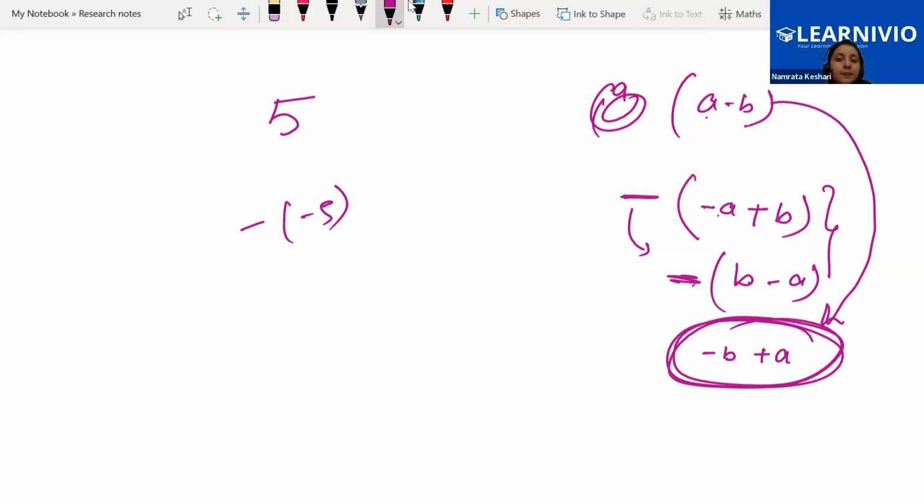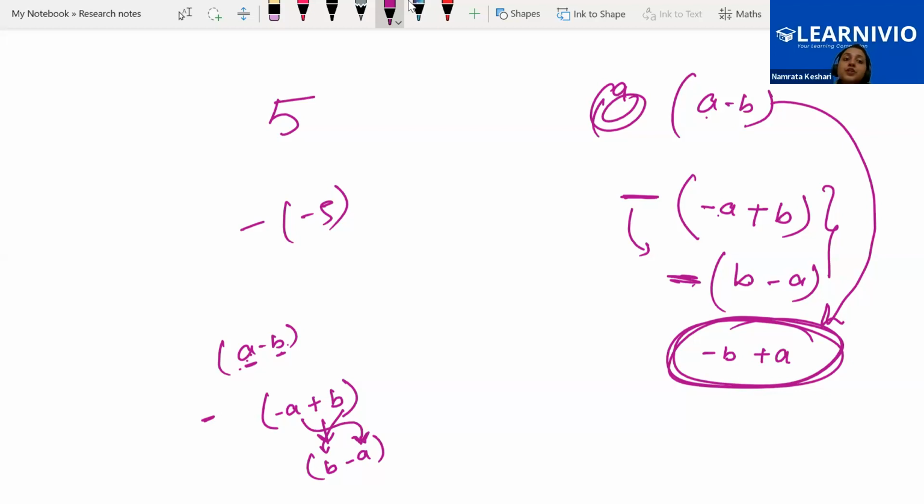No. Similarly, when we are having a minus b, we can write one minus sign by ourselves, and hence we have to reverse each and every sign. So a positive will become negative a, b negative will become positive b, and hence we can write it as b minus a. B को पहले लिख दिया and A we are writing after. We are not changing anything.